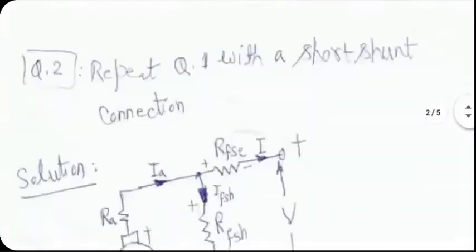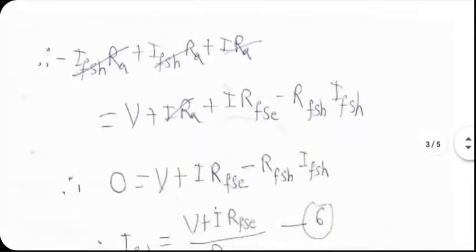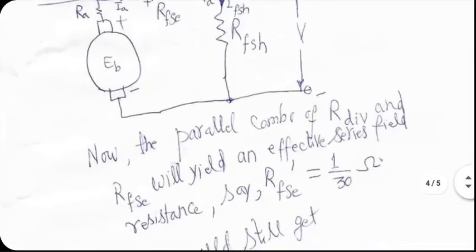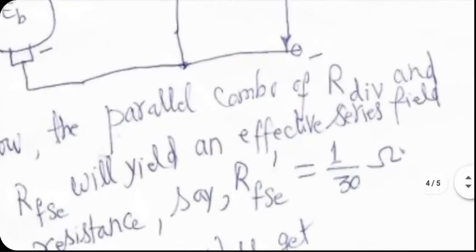So the parallel combination of 0.1 ohm and 0.05 ohm, you can check it yourself, will give you the effective value of RFSC, which I'm calling RFSC prime, and that value turns out to be 1 upon 30 ohm.